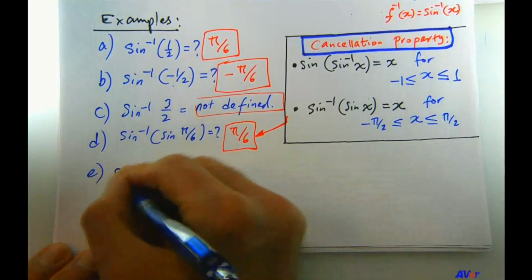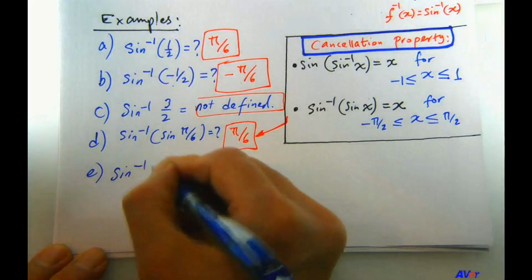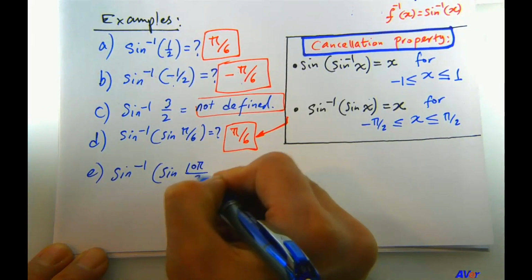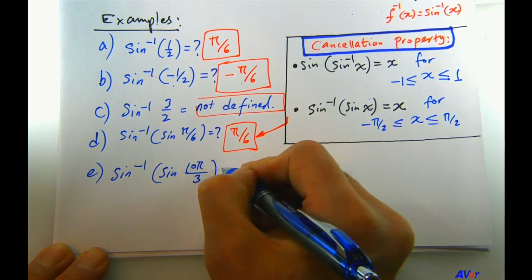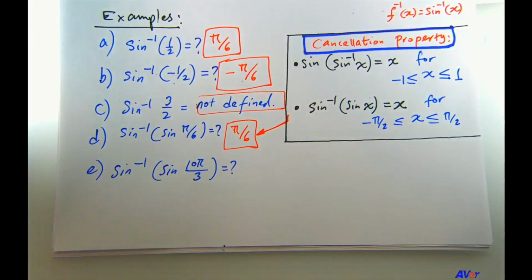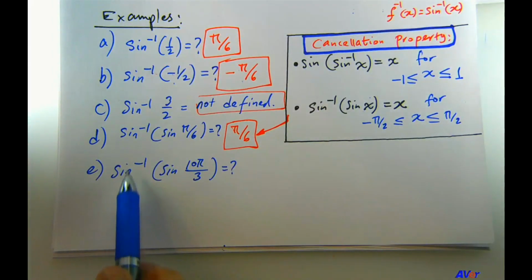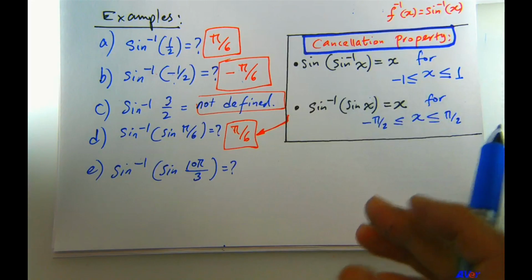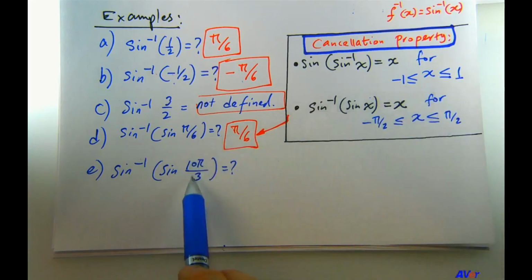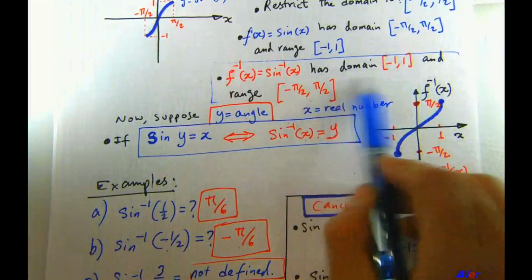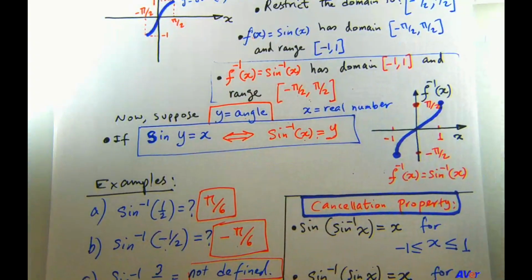E, so inverse sine of sine of 10 pi over 3, and we're asking what is that equal to? Well, 10 pi over 3 is way outside of the domain we have for this, right? The domain for the inverse sine function is negative 1 to 1.